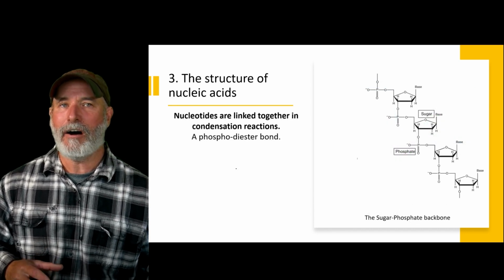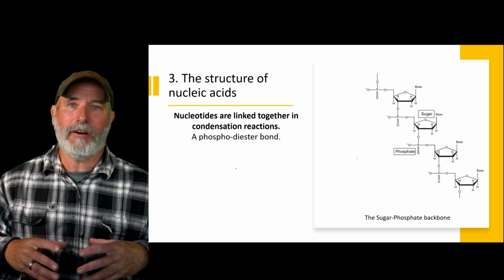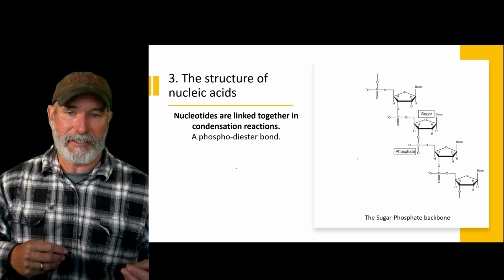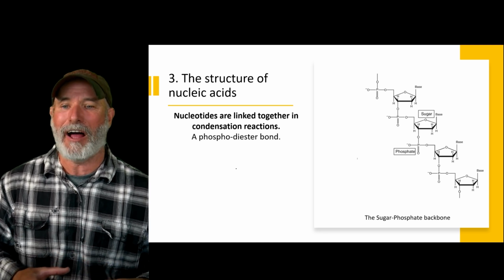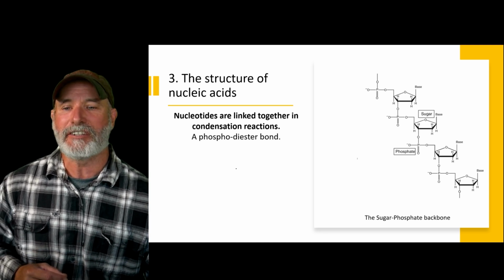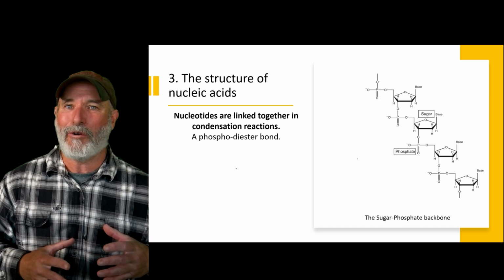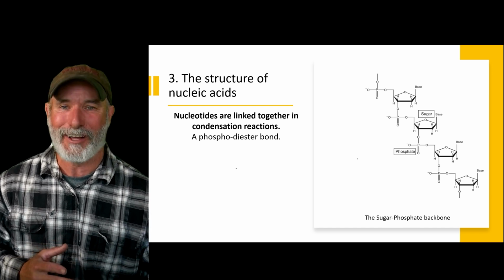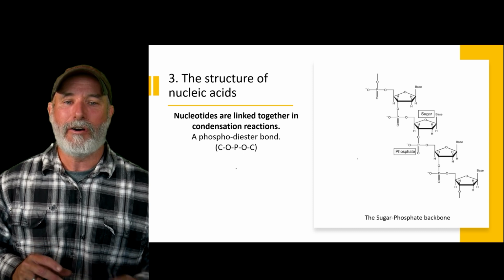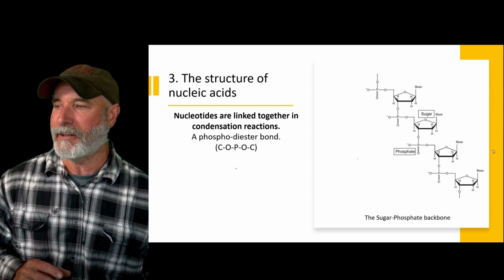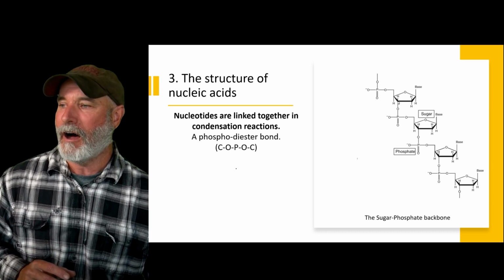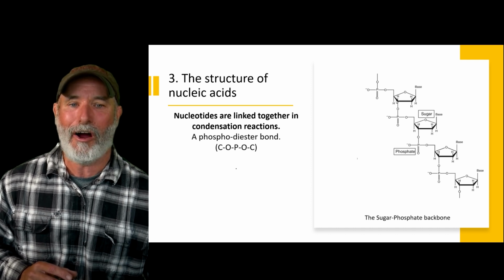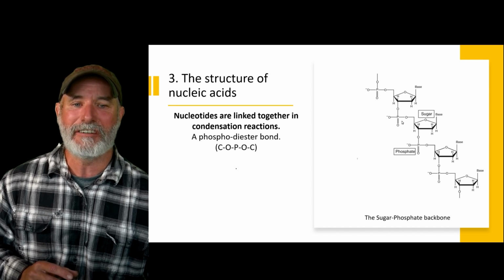Okay, so now, whenever we start to make RNA and DNA, these are the nucleic acids. We take our nucleotides, the building blocks, link them together in a condensation reaction, and it actually forms something called a phosphodiester bond. Okay, that's a lot, but let's take a look at it. So if you start with a carbon and you go way up here to our pentose sugar, you'll notice it goes carbon, then it goes an oxygen and a phosphorus.